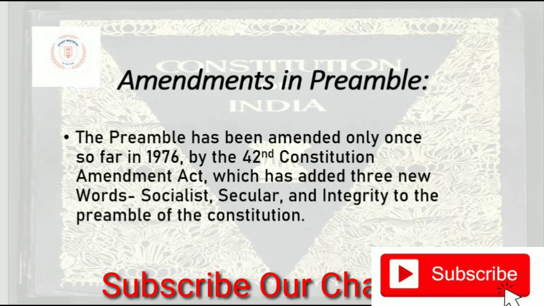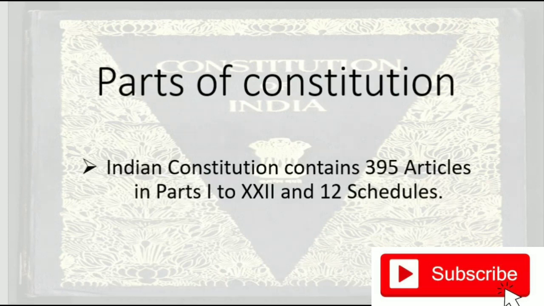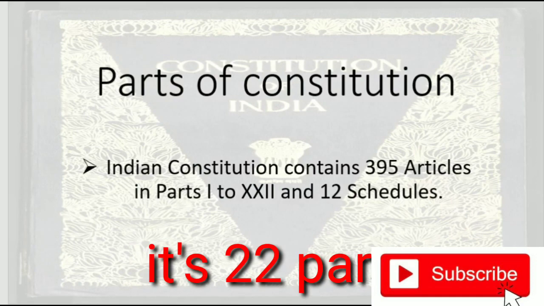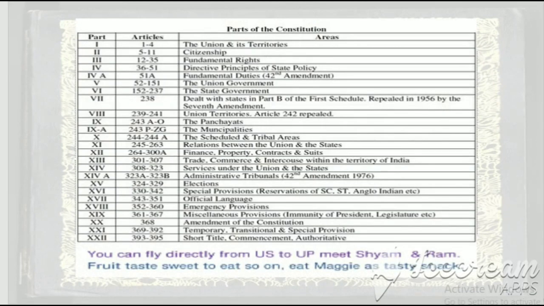So now let's move to the next topic, the parts of the constitution. The Indian constitution contains 395 articles, and it is divided into 12 parts. So what are the different parts? Here you can see I have listed down the parts. Part 1 tells us about the union and its territory, and part 2 tells us about citizenship. Part 3 refers to the fundamental rights. Likewise, I have listed down all the 12 parts.